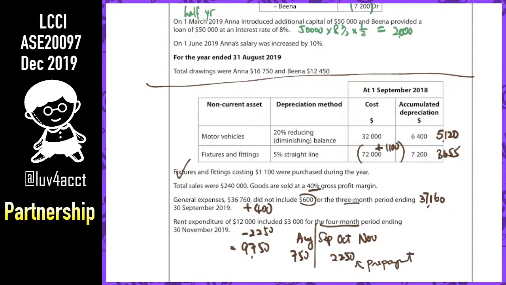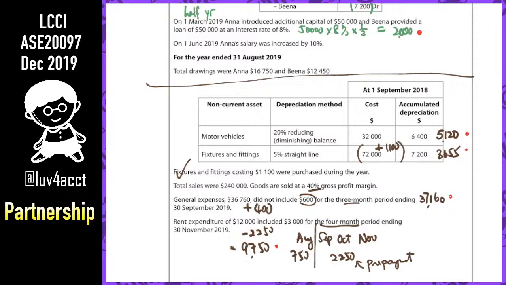How many items of expense? 1, 2, 3, 4, and also 5. Don't forget this one. Let me use red: this 1, 3, 4, 5.